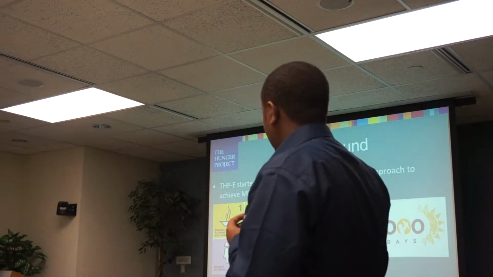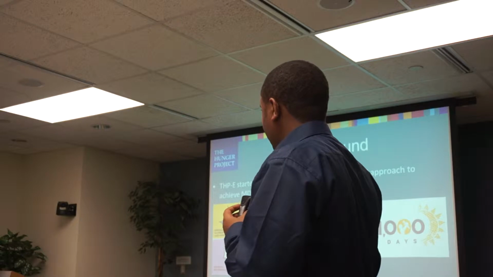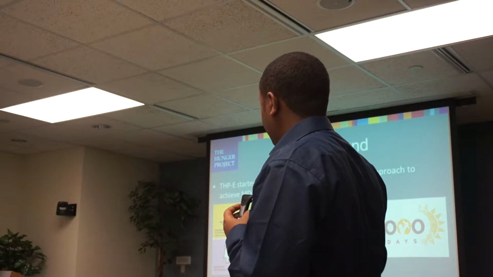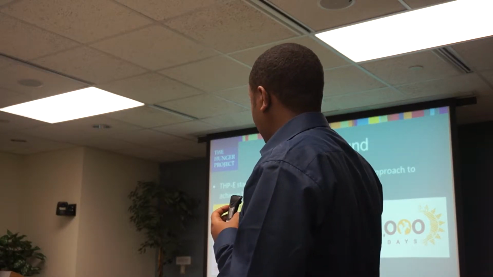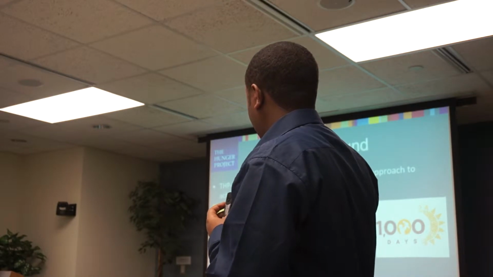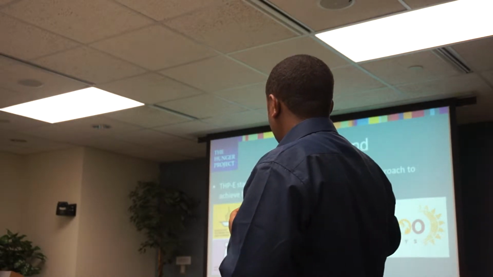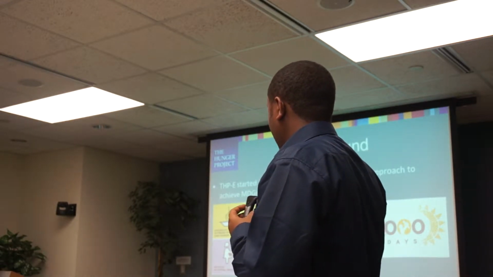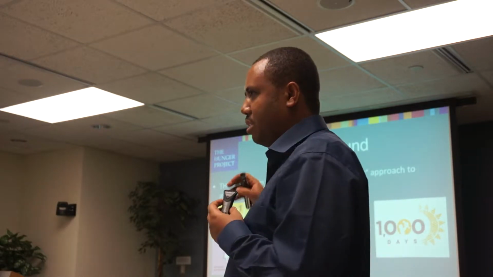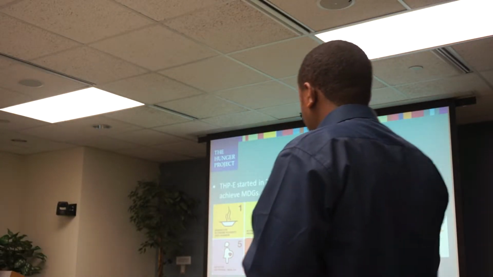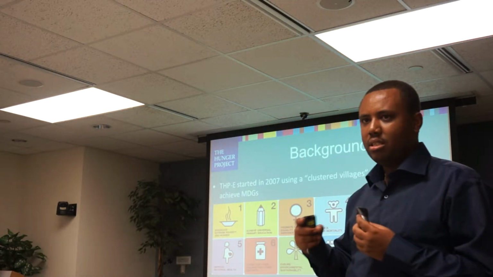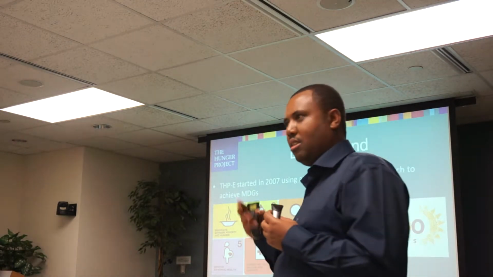The main intervention areas of THP Ethiopia are food security, education, health and environment, and also microfinance and women development. This is an integrated approach to end hunger and poverty and meet the MDG goals.